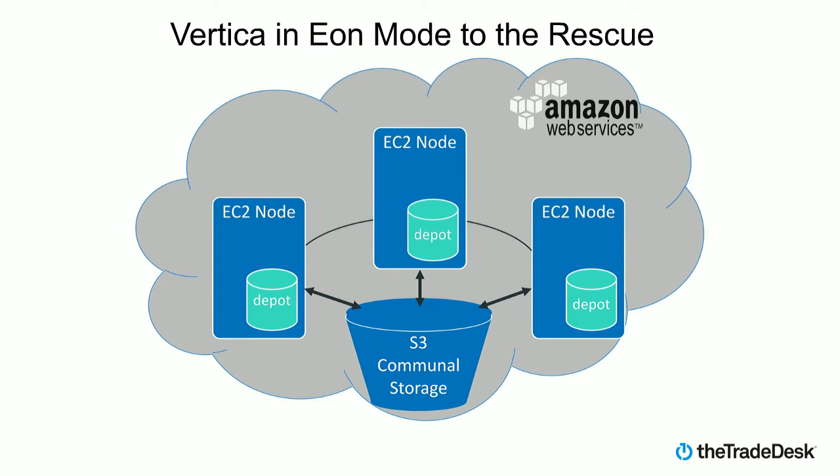Vertica calls them subclusters. So we've got two subclusters, each of which has three nodes. This has essentially doubled the concurrency, doubled the number of queries that can run at any given time, because we've now got this new chunk of compute which can answer queries. That has given us the ability to add concurrency much faster.